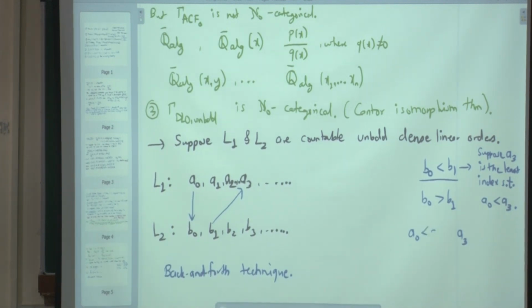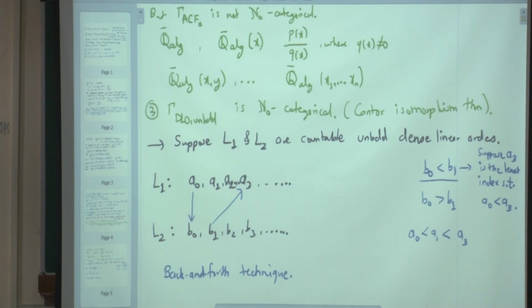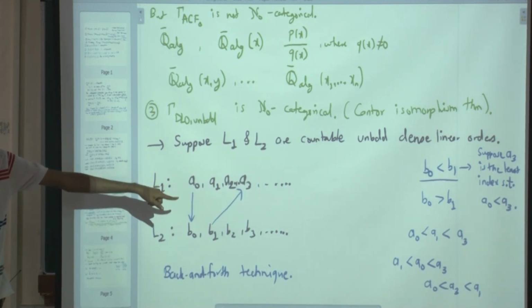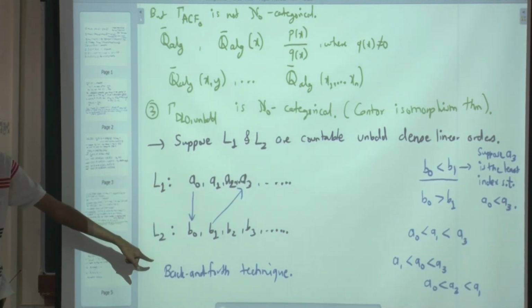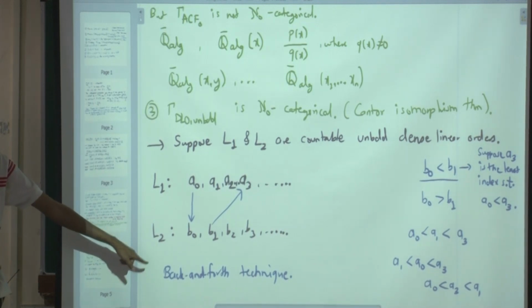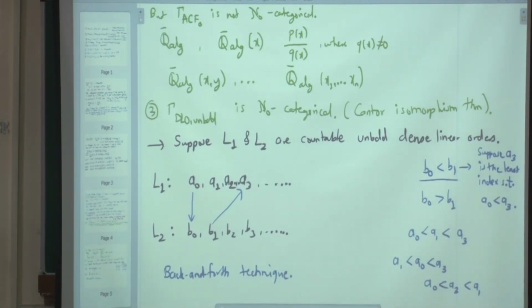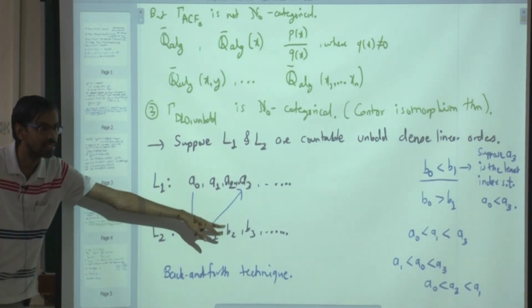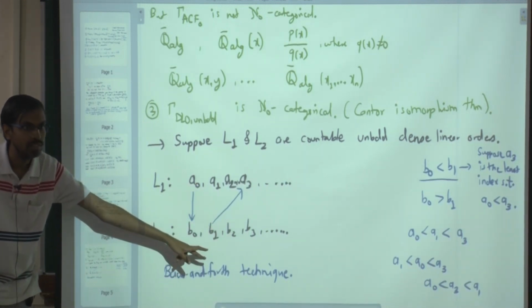Maybe it lies between these two, or maybe it lies like this, or like this. For the first one I will use density of L2. By density of L2 I can find an element between B0 and B1 which has the least index. So I will map it to that.